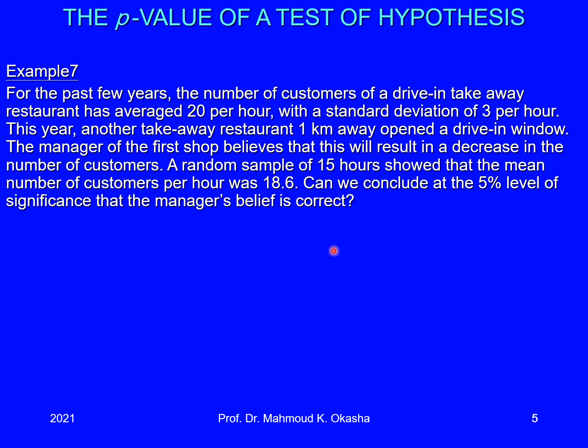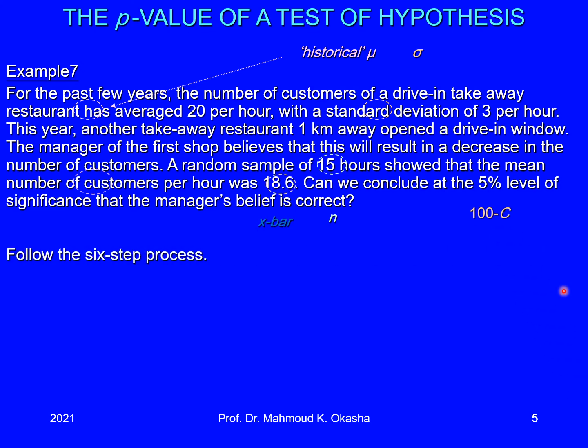So mu will be less than 20. From historical values, we have mu equals 20 and sigma equals 3, and n equals 15. So x bar equals 18.6, and we have a 5% significance level.